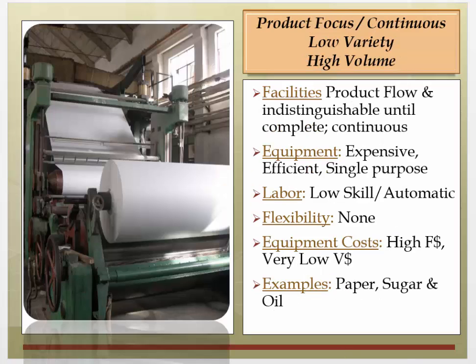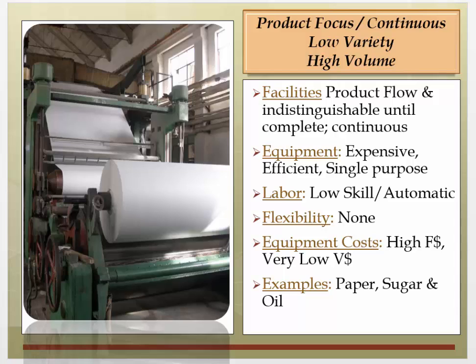All right, and then we move on here to the product focus. So here, like the continuous focus. In this type of facility, we are pretty much producing non-stop. We have a really high flow of product through the assembly line. The product is not distinguishable until it is produced. We have pretty low skilled labor. It's all pretty automatic. We can automate a lot of these places.